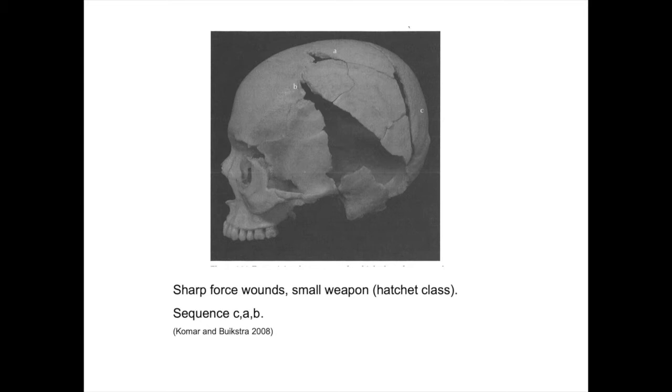Now, when you're talking about any sort of traumatic injury like this, you have to consider the manner of the injury itself. So very often injuries will be further classified into homicidal classes, non-homicidal or accidental classes.